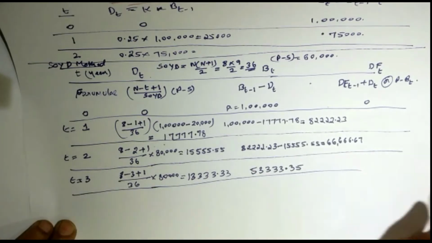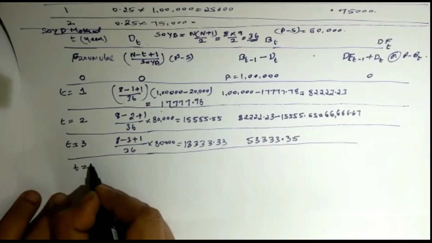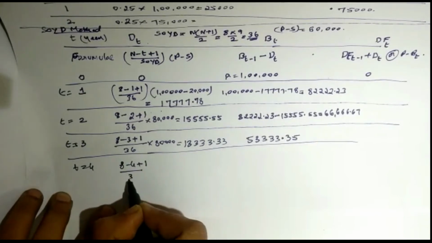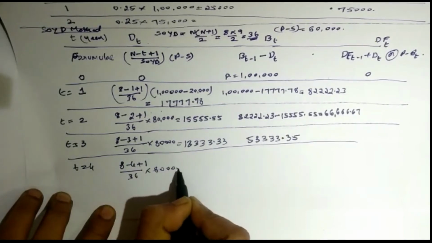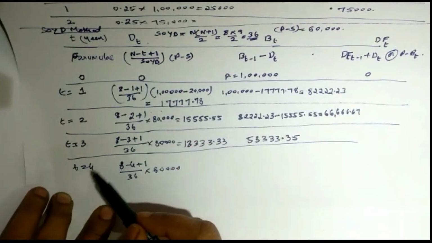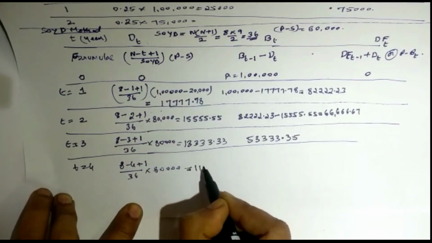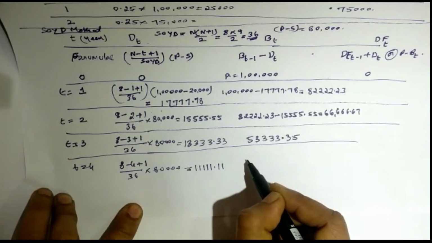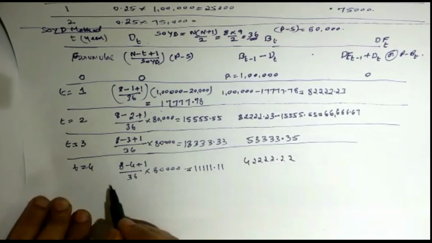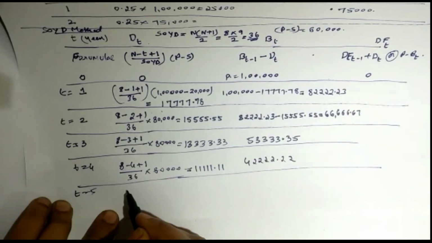Similarly, t is equal to 4. 8 minus 4 plus 1 divided by 36 into 80,000. So like that, in place of t, keep changing the value. Whatever t you have, all remaining things become constant. So it comes to 11,111.11. And when you subtract, we get 42,222.22.